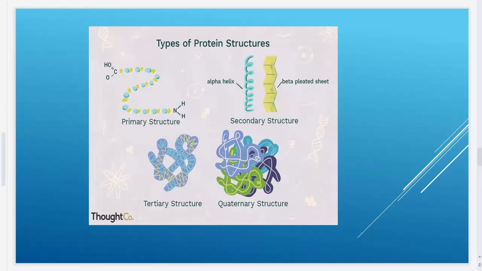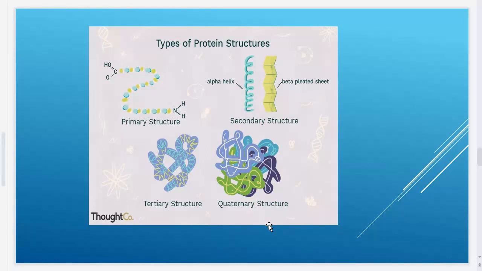And the quaternary structure refers to the structure of a protein molecule formed by interaction between multiple polypeptide chains. Each polypeptide chain is referred to as a subunit. Proteins with quaternary structure may consist of more than one of the same type of protein subunit.